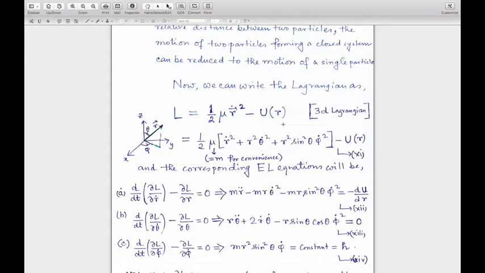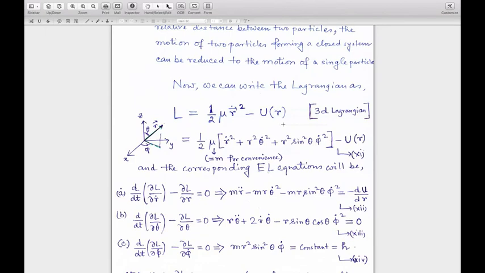That means the position vector will always lie on a plane perpendicular to that constant vector. And that's why the conclusion comes that under a central force, the motion takes place effectively in one plane, and then we use 2D polar coordinates directly.